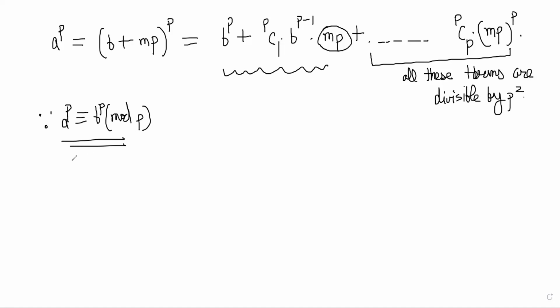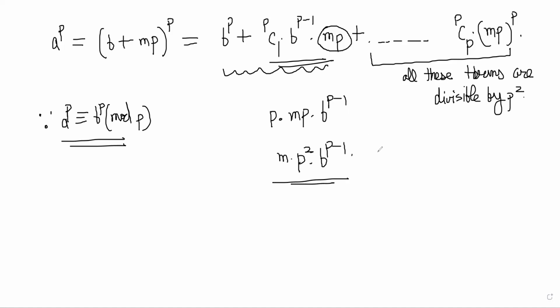This was given in the statement of the problem. So what we get basically, think about this term, the second term. The second term is p times mp into b power p minus 1. So actually you notice that b times mp square b power p minus 1, this is it. So actually the second term is also divisible by p, right?